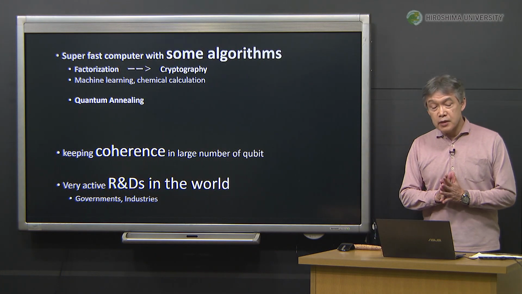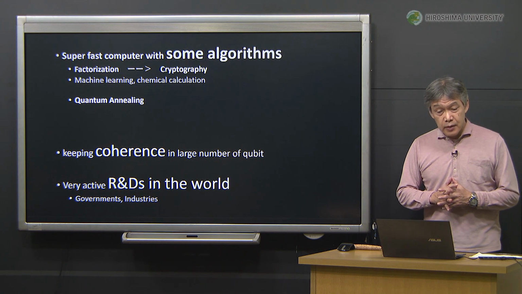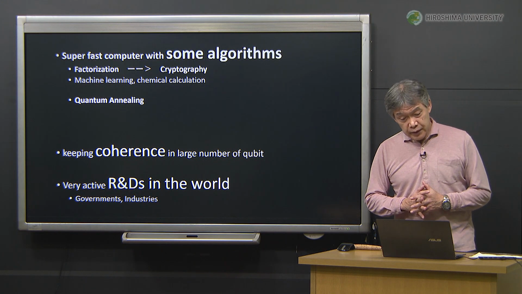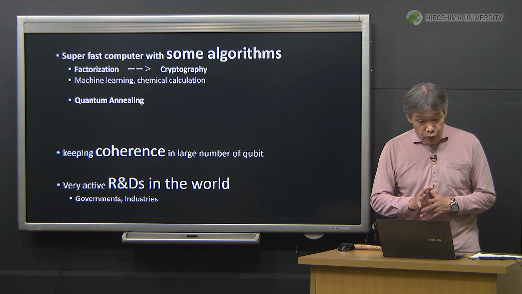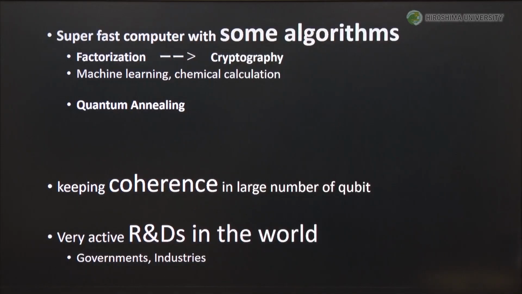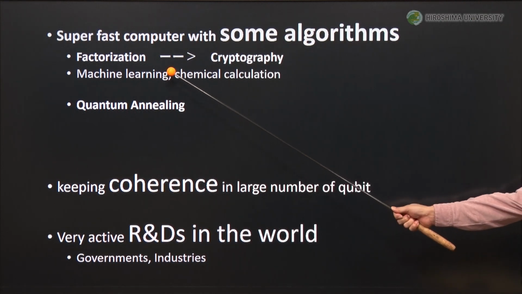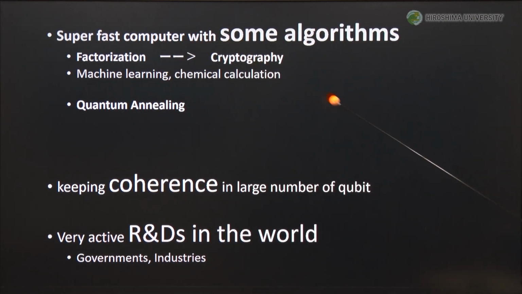Okay, so this is a summary slide. Quantum computer is super fast with some algorithms, not always. The example is quantum factorization, which has a very large impact on cryptography. And that is the reason why many persons, many nations are working on these quantum computers.